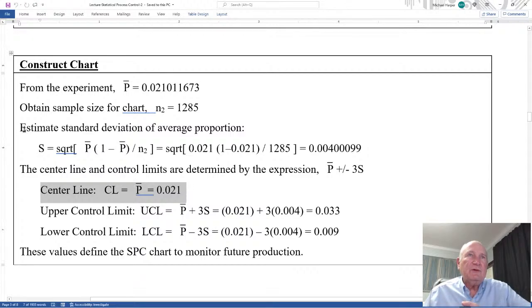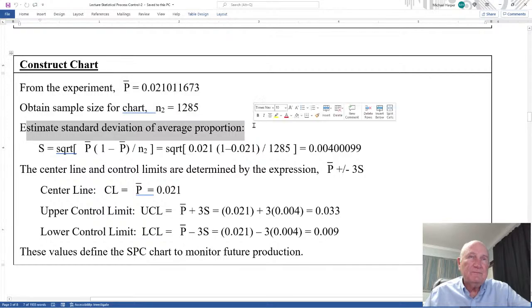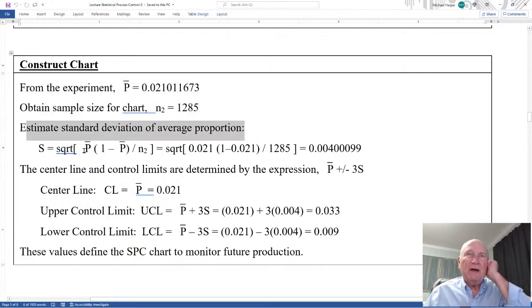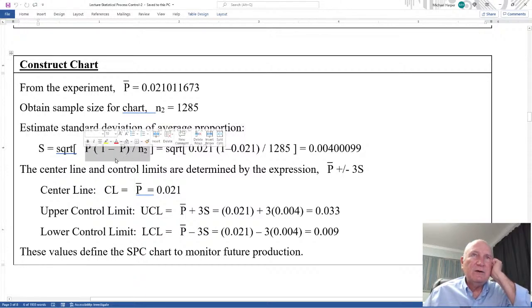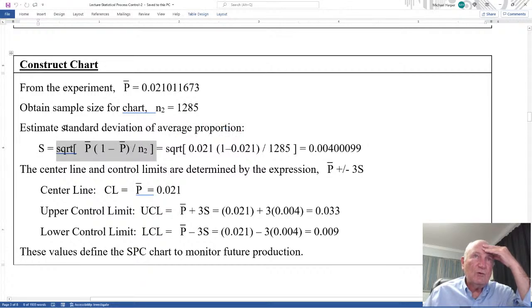But now we want to estimate the standard deviation of that average proportion p bar. Well, from binomial theorem, the variance of the mean is p bar times 1 minus p bar divided by n2, the sample size. If we take the square root of the variance, we have the standard deviation of the average proportion.